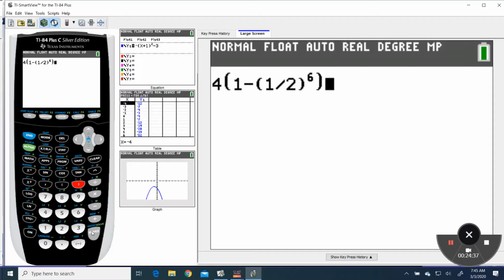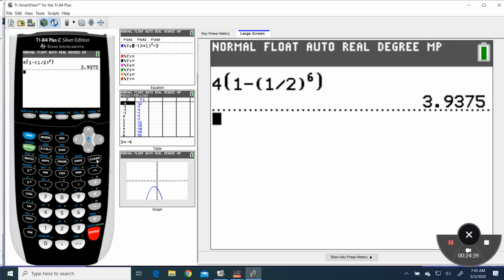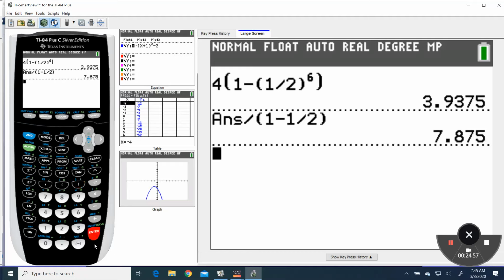And then I'm going to hit enter. And then I divide that by 1 minus 1/2. So it tells me that it's 7.875.